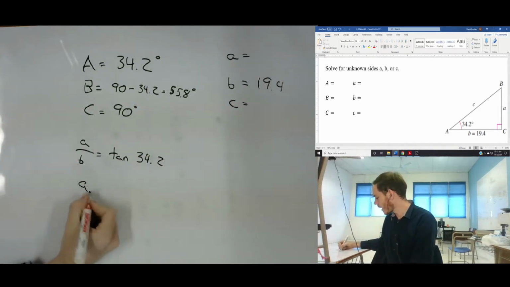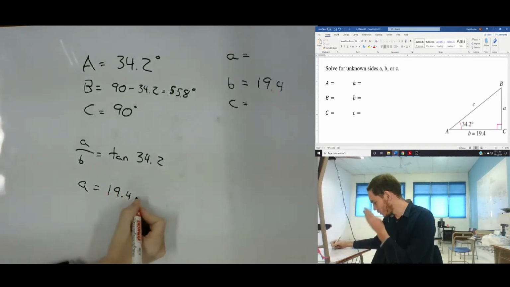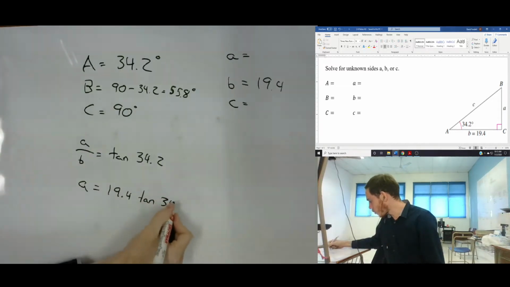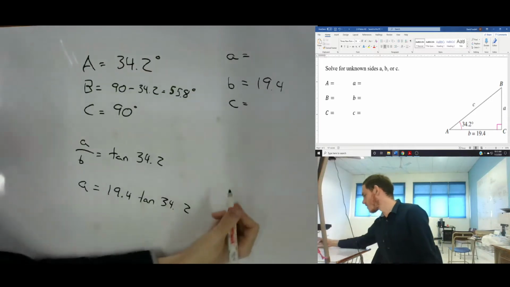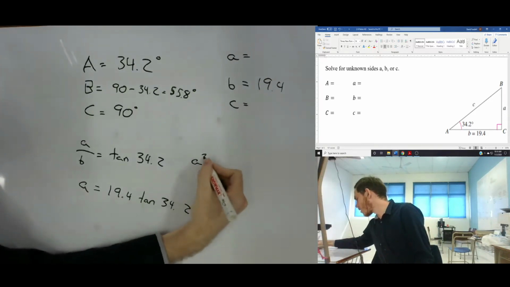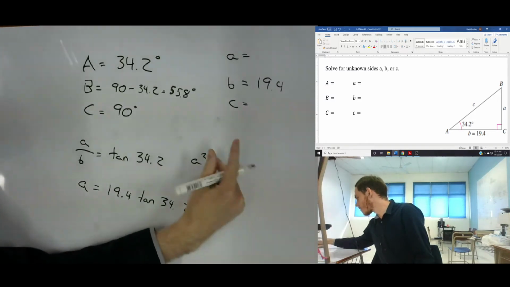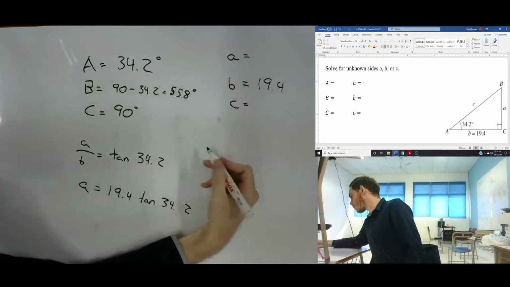So a equals 19.4, just multiply b to both sides, times tangent of 34.2. And so that's solving for a, and then c, let's use our formula.